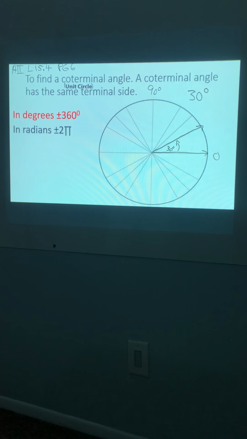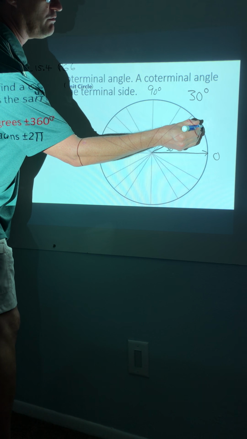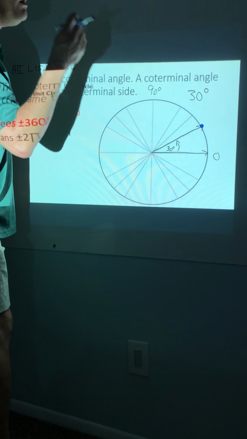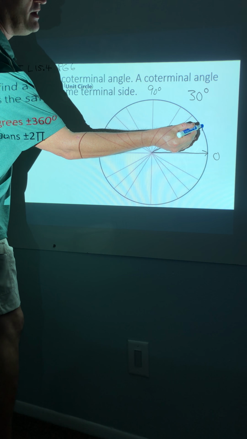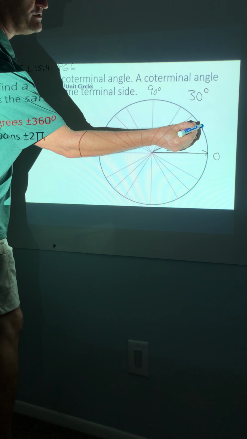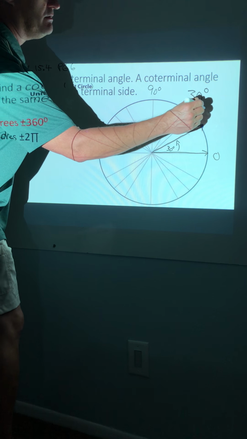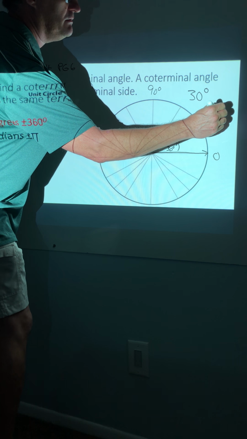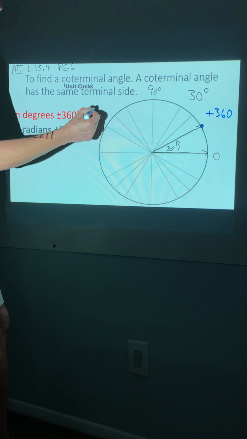I'm going to switch to blue real quick. Here's your 30 degrees, and I'm going to make a little mark right here. What do you think would happen if I'm right here and I add 360 degrees to that? In other words, I'm going to add positive 360 to this location, which means I'm going to go counterclockwise.